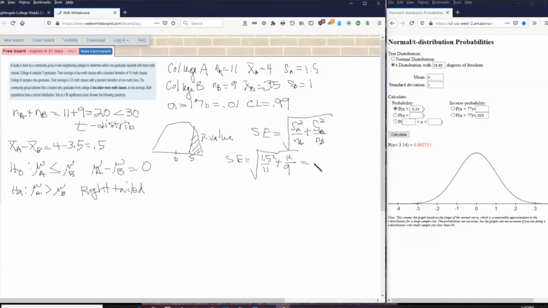And that square root is going to give me an answer of 0.3627.